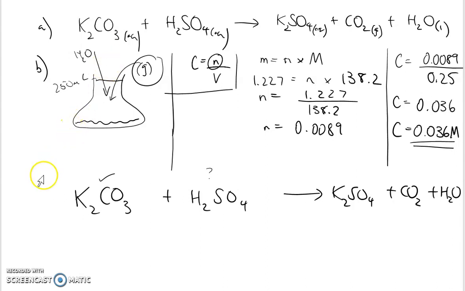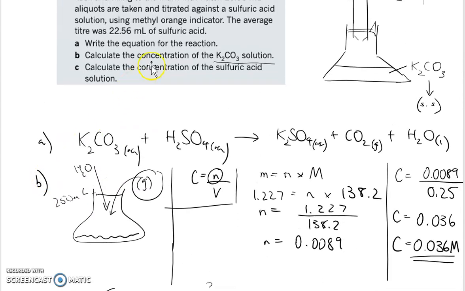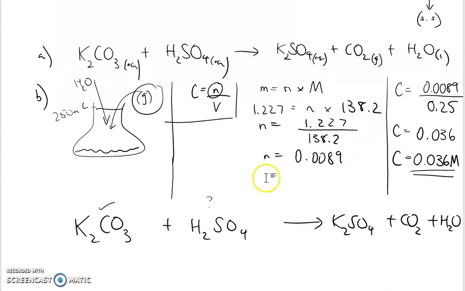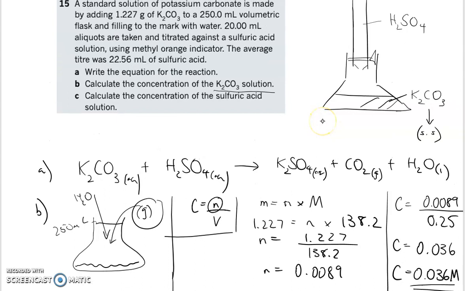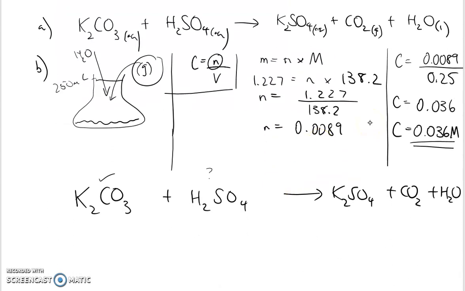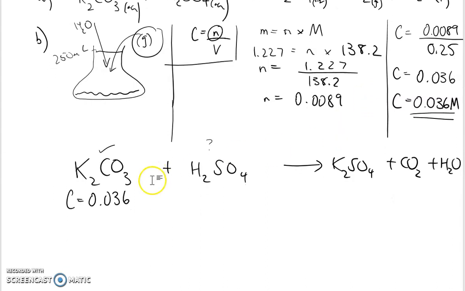So we want to know how many moles are in the aliquot, because that many moles in the aliquot are going to be reacting with the moles from the burette. We know the concentration of potassium carbonate is 0.036, and what's reacting with the sulfuric acid is the 20 mL aliquot. So we want to know how many moles are in that 20 mL aliquot.